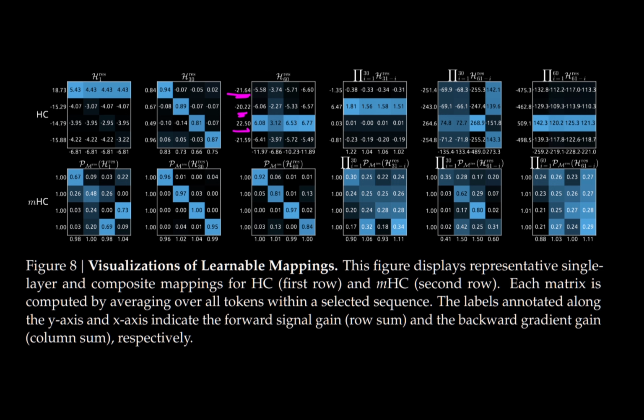And the mHC keeps it always around 1, simply by iterating 20 times through the algorithm. So it's not computationally much more expensive, but still it can be ensured that it's stable.